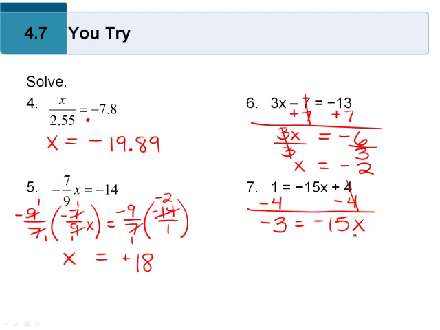That's what your coefficient is. So divide by negative 15 on both sides. The 15's cancel, but over here the 3 is on top and it's smaller than the 15, so that's going to be a fraction. First of all, it's going to be a positive because you have two negatives, and if you reduce the top and the bottom by 3, you're going to get 1/5, and it would be positive.